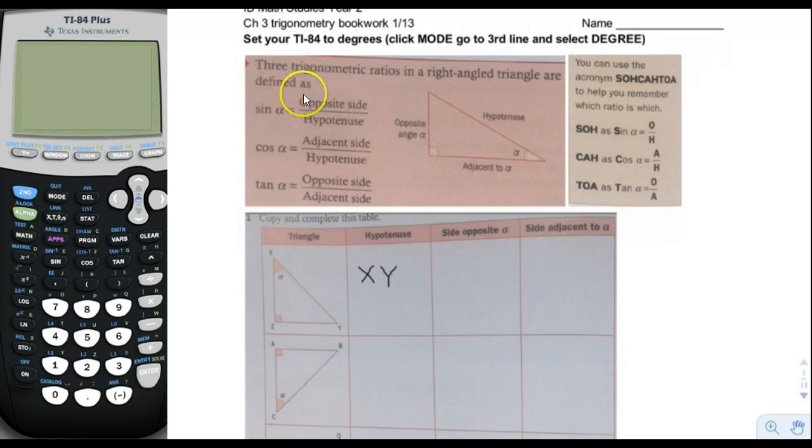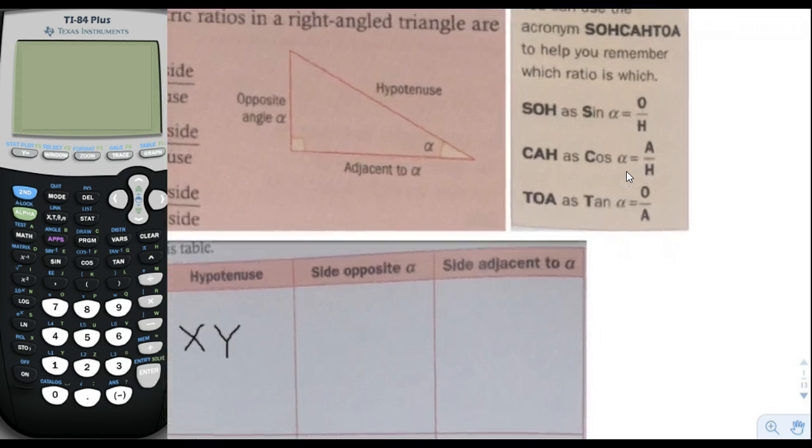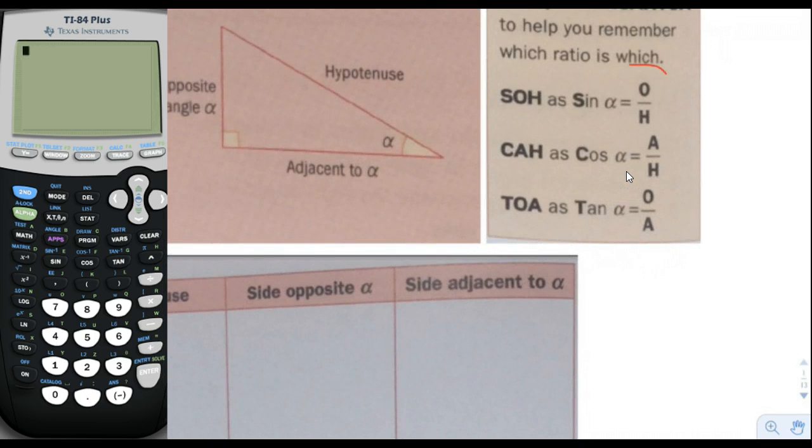Okay? All right. Now, just a review about SOHCAHTOA. You might have remembered during the investigation, but sine is opposite over hypotenuse, cosine is adjacent over hypotenuse, and tangent is opposite over adjacent, which makes the mnemonic SOHCAHTOA.